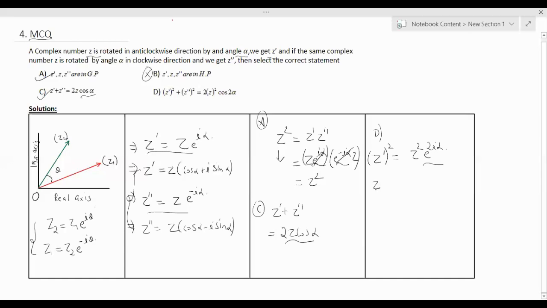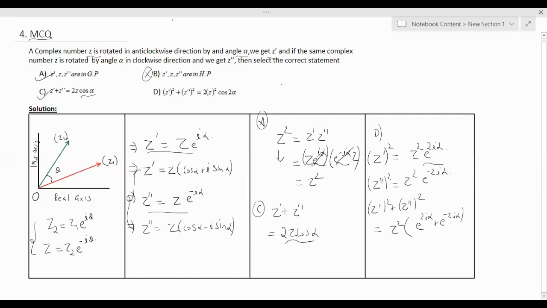Z double dash square, again you will have Z square e power minus 2I alpha. So when you add these two, Z dash square plus Z double dash square, you will have Z square common in e power 2I alpha plus e power minus 2I alpha. Now observe this carefully.